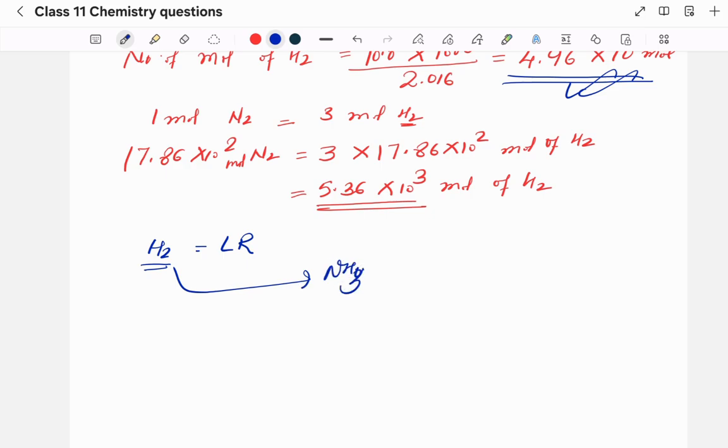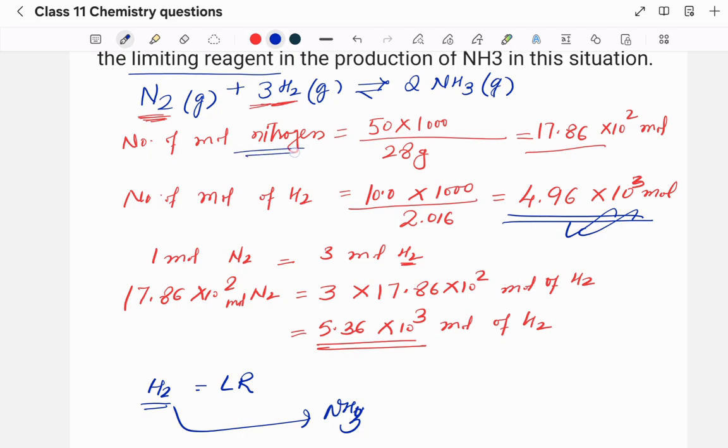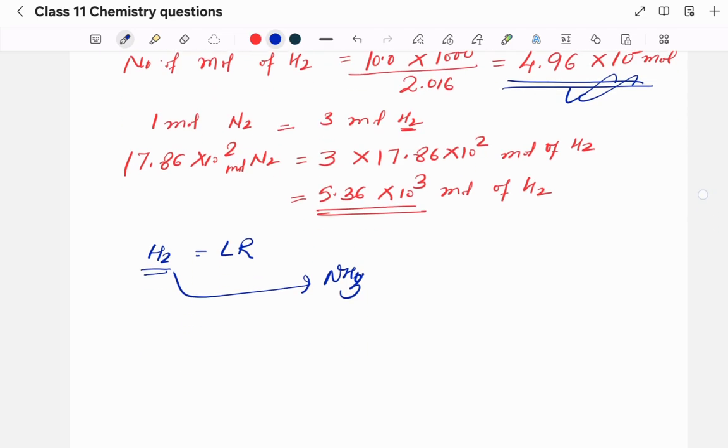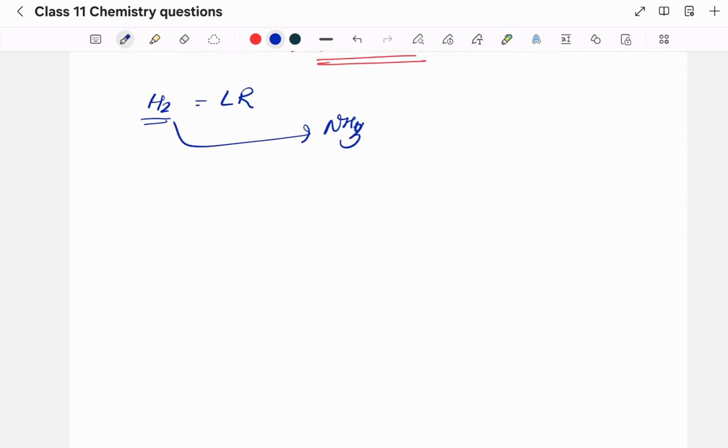It will not depend upon the amount of nitrogen, because we know that a limiting reagent is a reagent which has a certain mass or number of moles given, and after this reagent is finished, the reaction will stop.